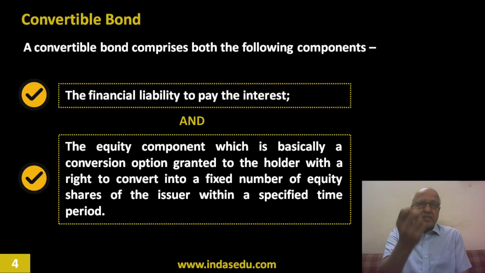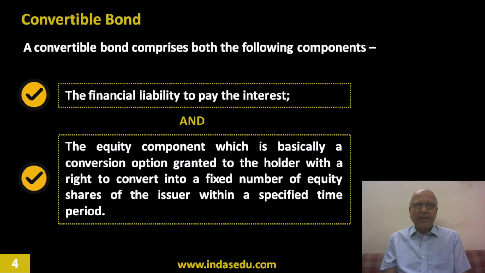Now, for this equity component, the main thing is that generally a low coupon is paid. Interest paid is much lower than the market rate of interest. That means the interest that should have been payable had there been no conversion feature. That's why this equity component arises. And this is the value of the equity component.